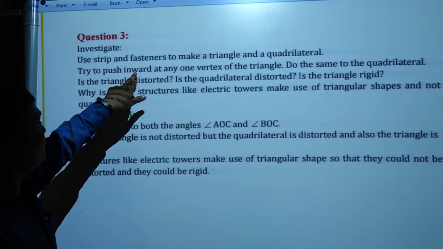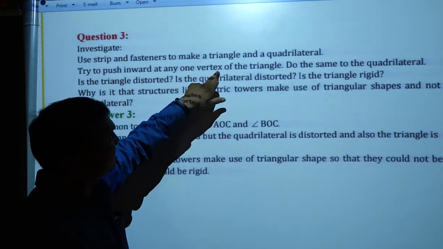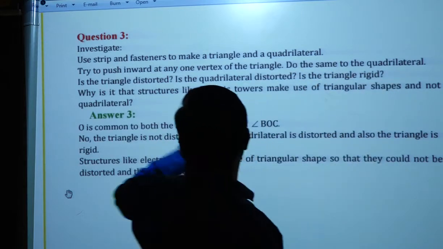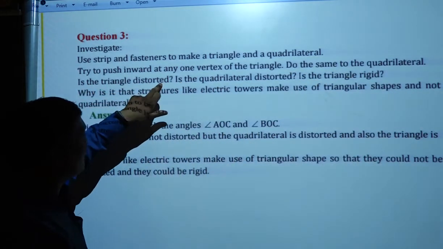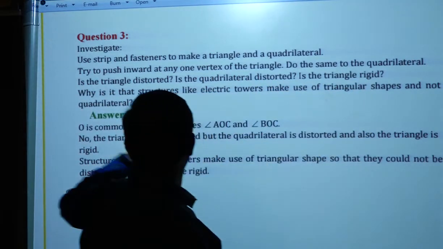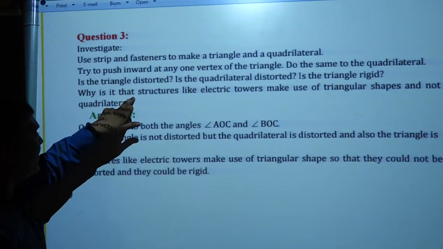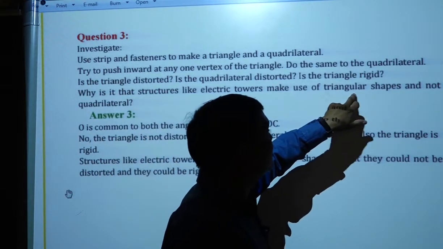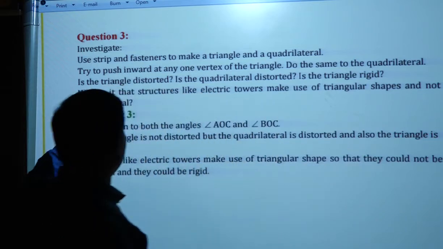Try to push inward at any one vertex of the triangle. Do the same to the quadrilateral. Is the triangle destroyed? Is the quadrilateral destroyed? Is the triangle rigid? Why is it that structures like electrical towers make use of triangle shapes and not quadrilaterals?